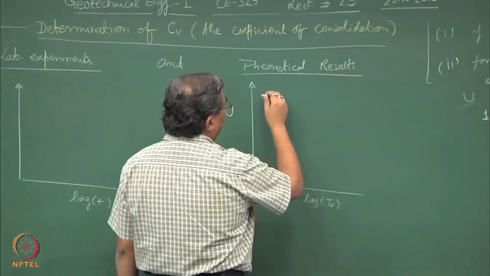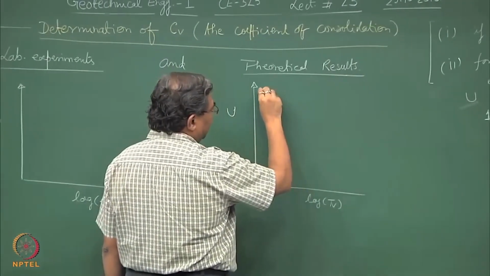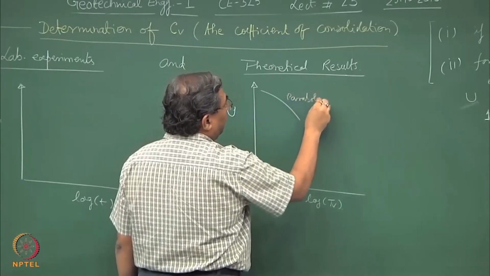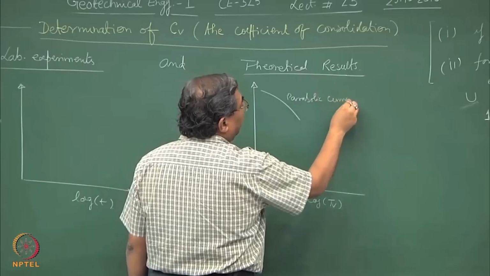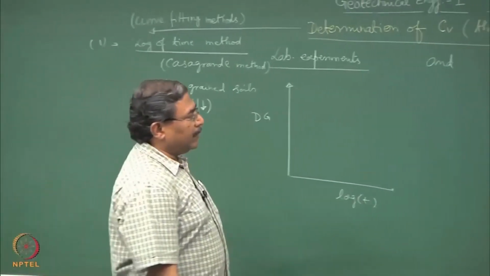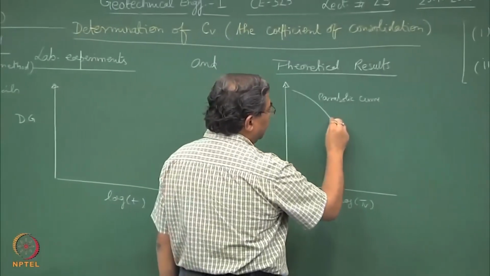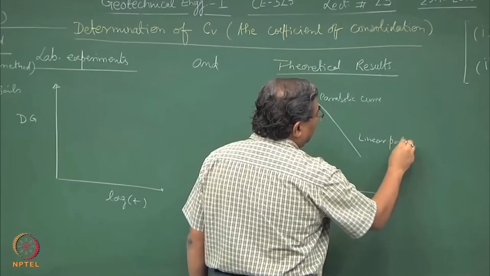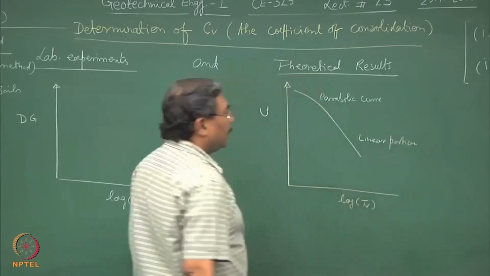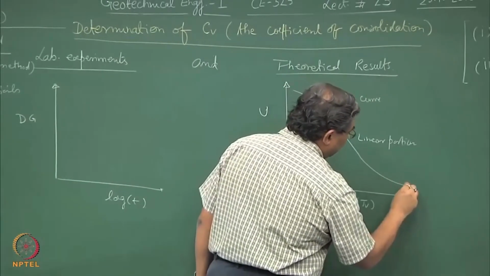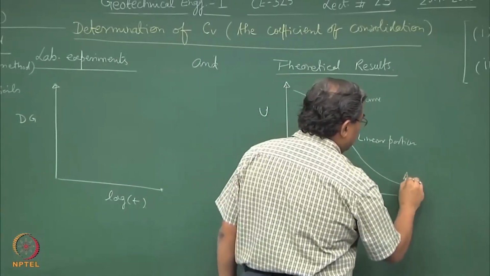This has three components. The first one is a parabolic curve, this is followed by a linear portion, and ultimately it becomes asymptote.